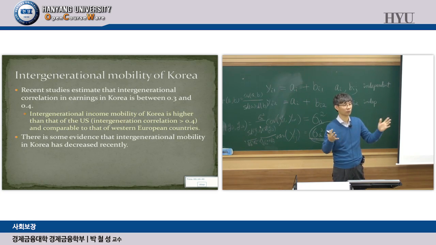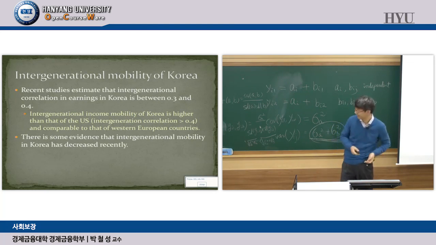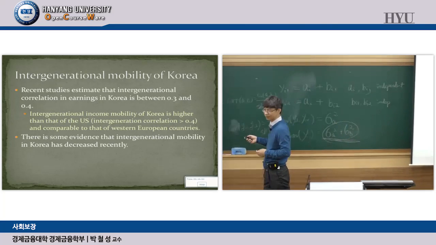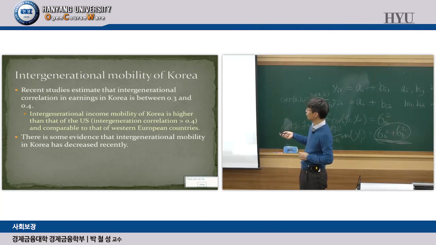So in the US, having rich parents is quite important to your life. Probably it's more important than in Korea. Probably it's hard to believe nowadays, but the numbers say that. European countries are generally more mobile than the US. The number itself, the Korean data, suggests that we are comparable to the Western European countries.